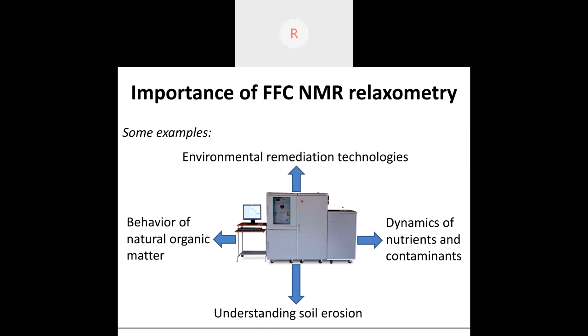So to know how the natural organic matter behaves in terms of relaxometry gives a lot of information about its fate and then the transformation of soil fertility. Then FFC NMR relaxometry can be used to understand soil erosion. I will show you how, and to give information about environmental remediation technologies.